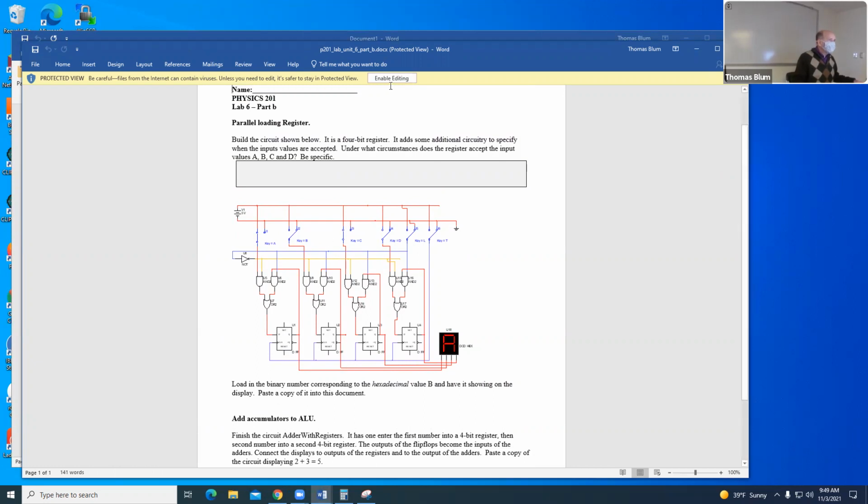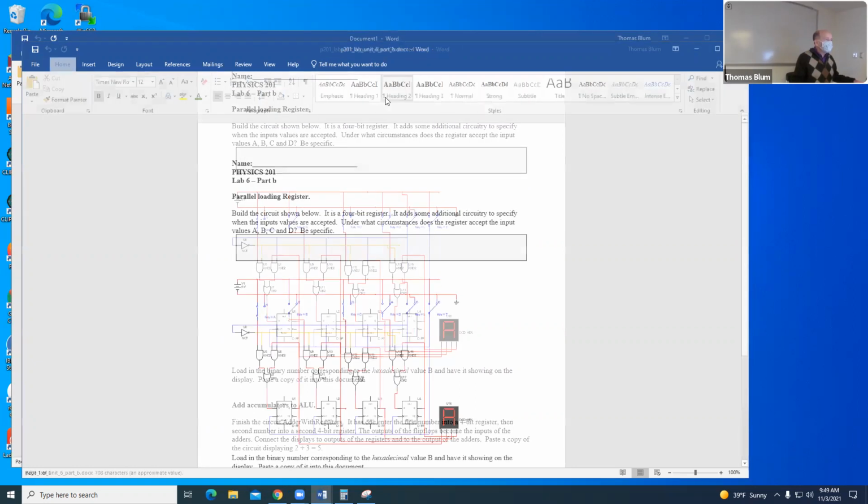So are you asking me to do both these things, or one of these things? The top one, okay.